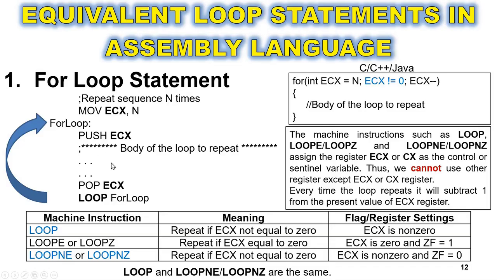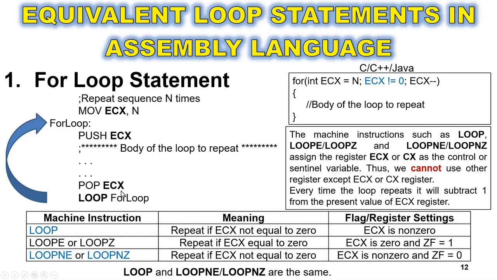At the end of our body, we pop the value of ECX to return the previous contents we pushed to the stack memory, so that the loop command, which is loop followed by the name of the label for loop, will run properly.